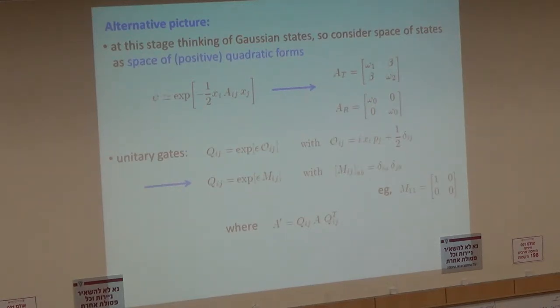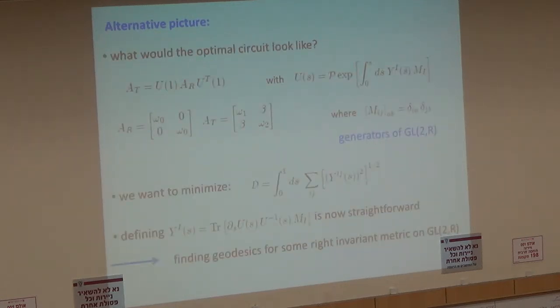You can also see now that the group that we're working with is the group GL2, or general linear transformations of two variables. And now my generators are all matrices, I can just plug them into this formula and everything carries on amazingly well.